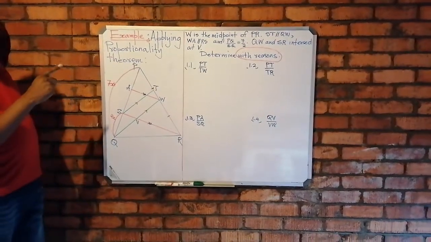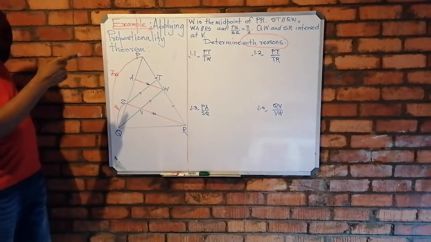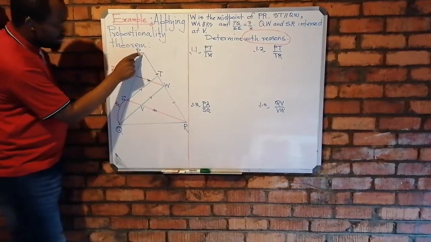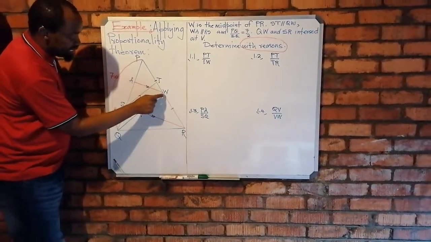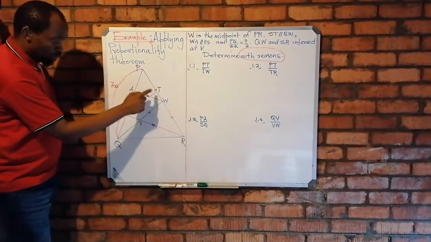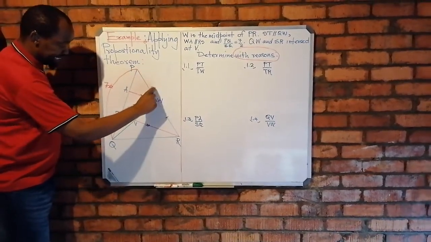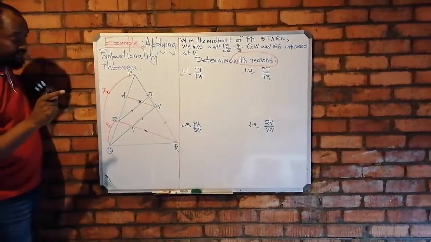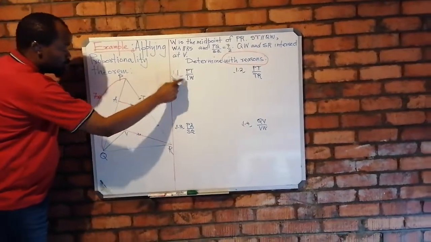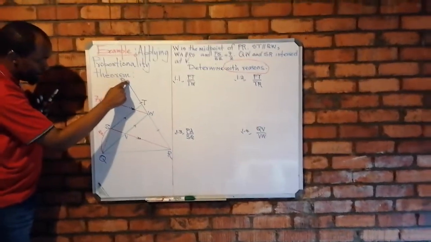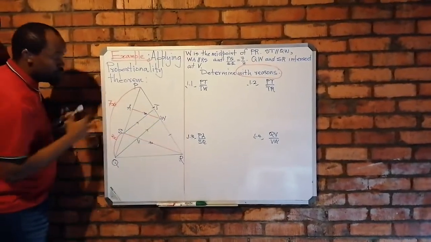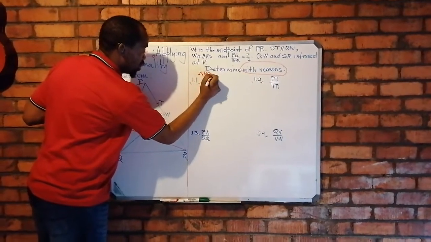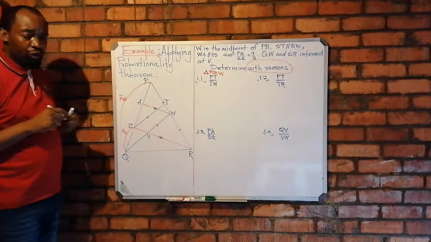Now, I would want to see where PT is and where TW is and which triangle they make up. There's PT, there's TW. Beautiful. Look at this again. PT, TW, which is that? Can you see that these two are in triangle PQW? It's a beautiful one.